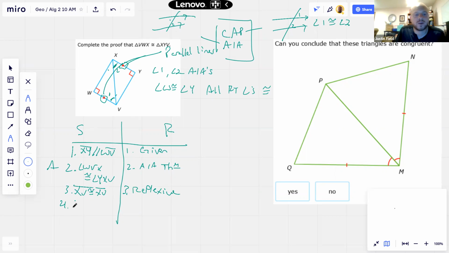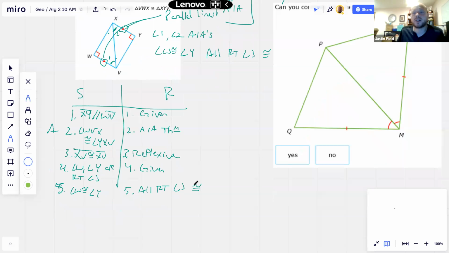Well, let's just say angle W, angle Y are right angles. That's given, right? Might not always take time to write that one, but then we say angle W is congruent to angle Y, and we would say all right angles are congruent.